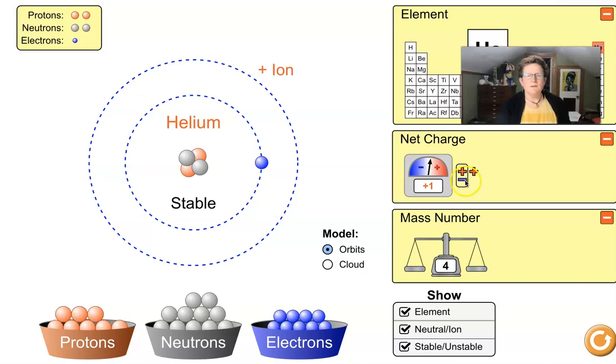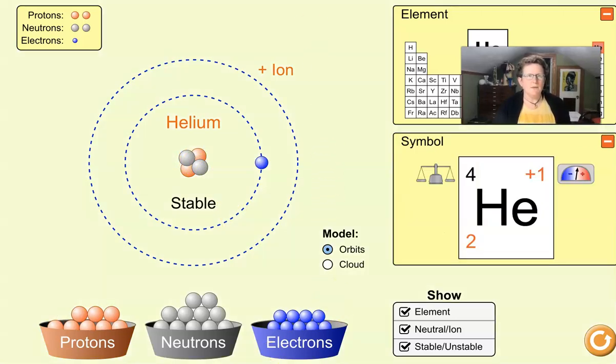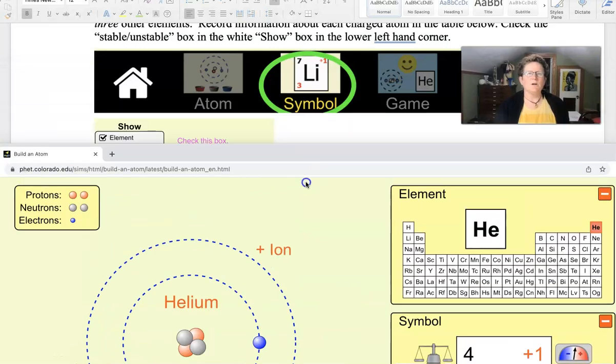And we can see here that we have a positive proton here without a negative electron to cancel it out. So our total charge is +1 here. And the atom view has a little bit better view of net charge. So you might want to switch over to atom view and build your atom here in atom view as well as symbol view to get an idea of how that charge happens.